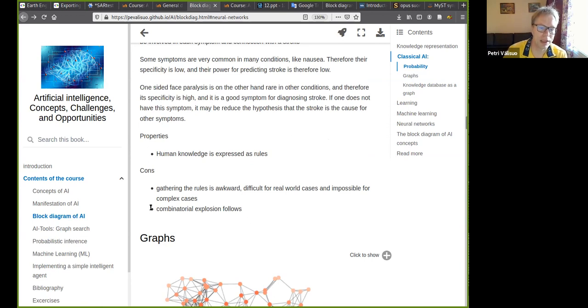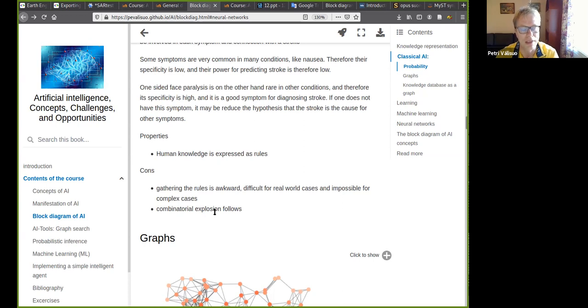And also there is a very fast so-called combinatorial explosion. So if you have a system, in one level you have two possibilities, and then you can go in two different directions, and then again two different directions. But when you go a couple of steps further, you have a huge number of options.